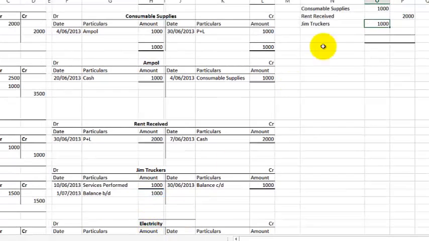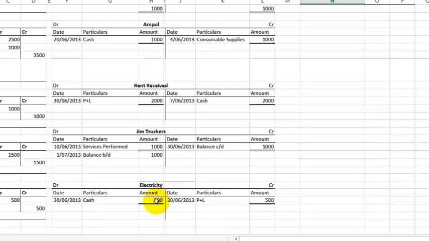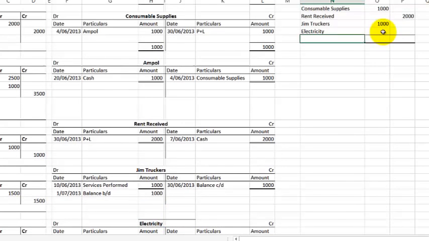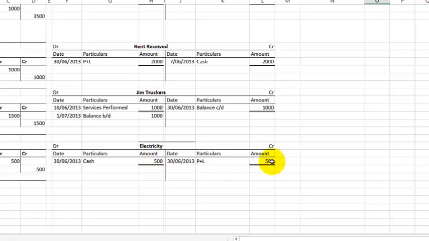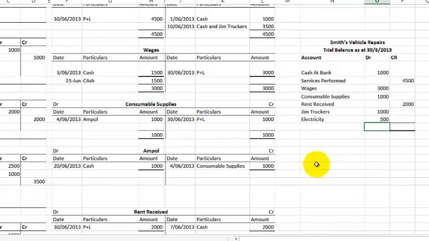And lastly, electricity. Going to run out of room here in a minute. That's $500. Be careful to put it on the debit side. Okay, now we come to the final of our exercise.